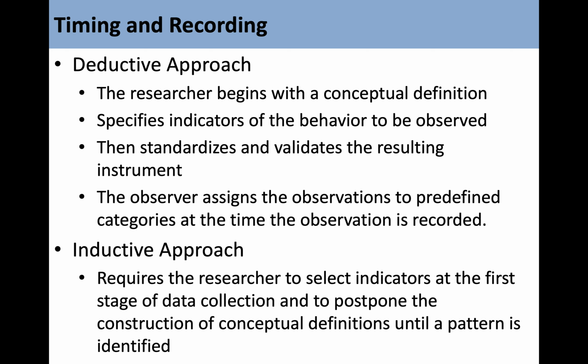In the deductive approach, the observer assigns the observations to predefined categories at the time the observation is recorded. The inductive approach requires a researcher to select indicators at the first stage of data collection and to postpone the construction of conceptual definitions until a pattern is identified.